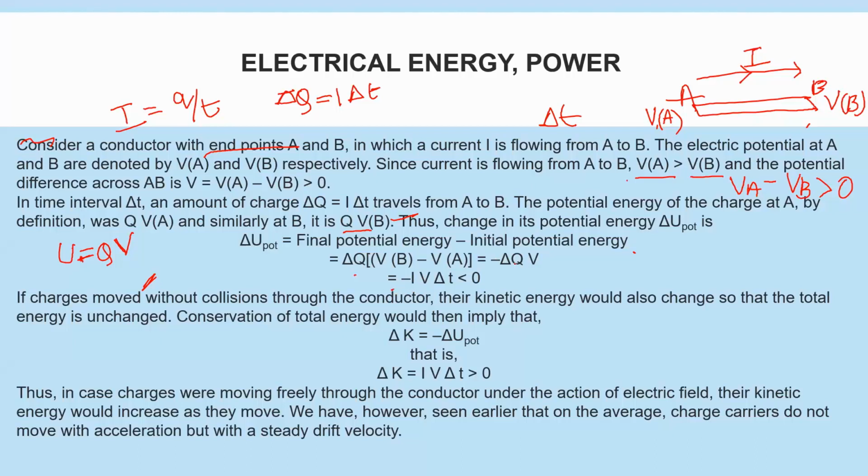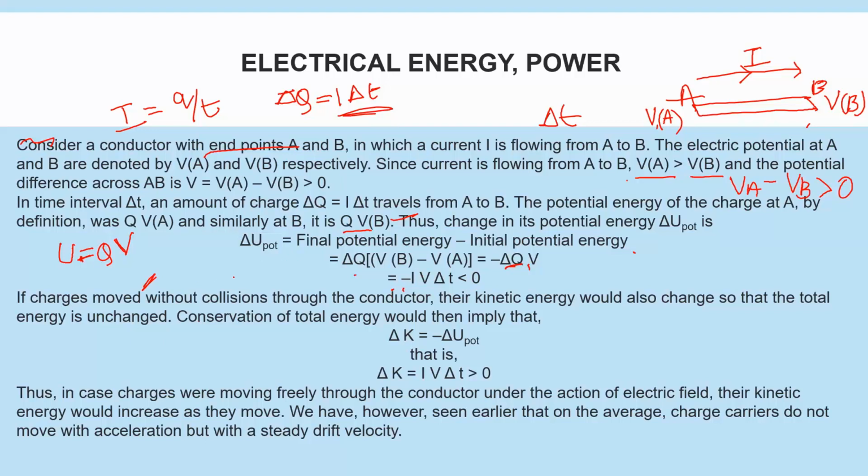Then if we put the formula for del Q as we had seen before, it becomes minus IV del T, and that is going to be less than 0. That's a negative sign, so the change in potential energy is going to be less than 0.